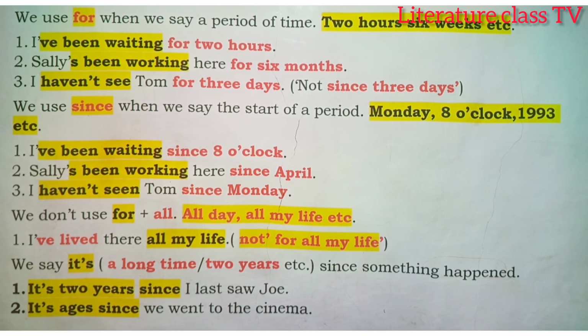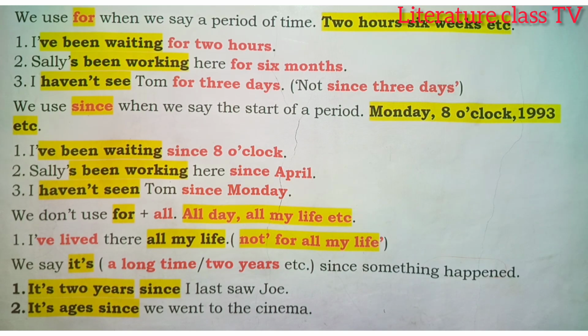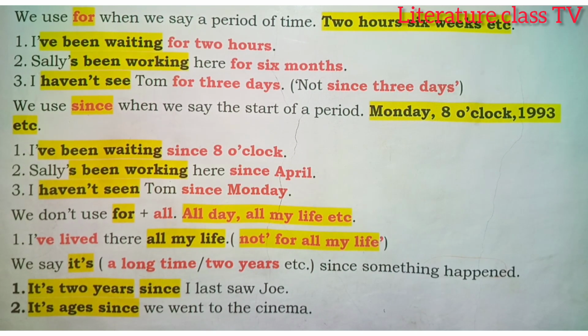How do we use since? We use since when we say the start of a period. For example, Monday, 8 o'clock, 1993, etc. The start of a period. I have been waiting since 8 o'clock. I have been waiting for somebody from 8 o'clock until the time of speaking.